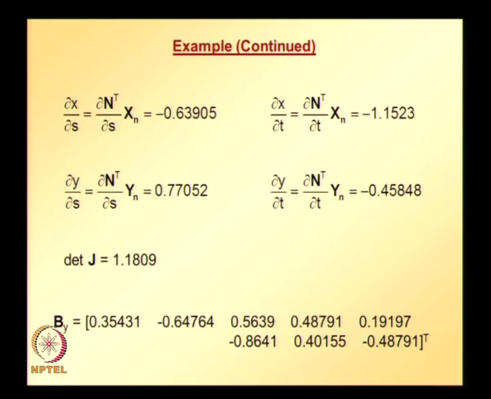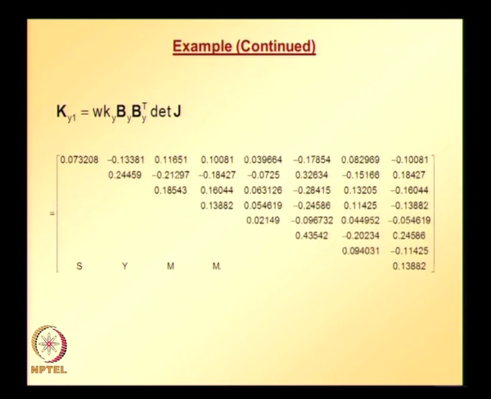So, once we get this vector, we multiply the coefficient ky with B transpose, the Jacobian determinant, times the weight. After doing the vector multiplication, we get this matrix. So, this is at one integration point.